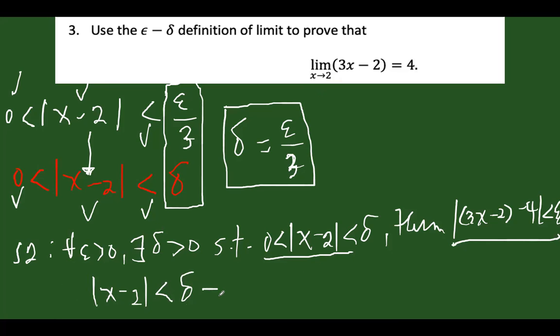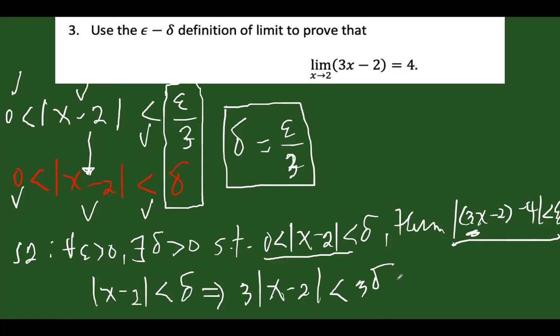So for me to do that, I could multiply this by 3 on both sides. So 3 times the absolute value of x minus 2 is less than 3 delta. Why 3? Because the x here has a coefficient of 3. That's the indicator of what number to multiply to both sides.